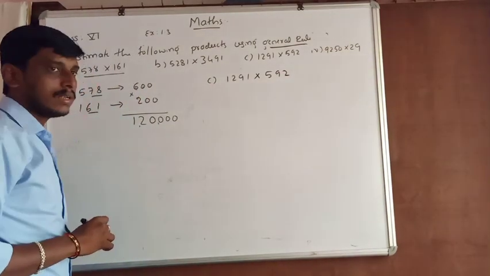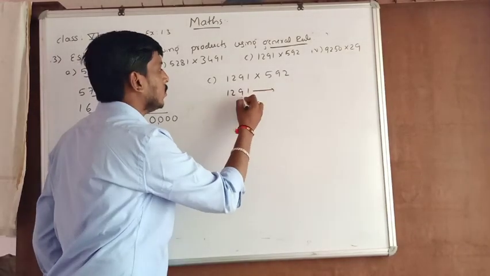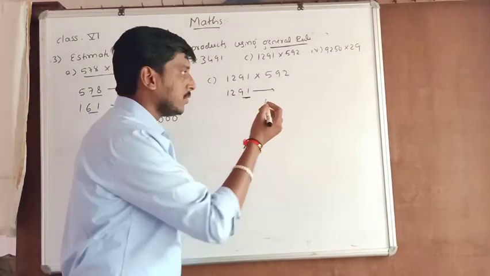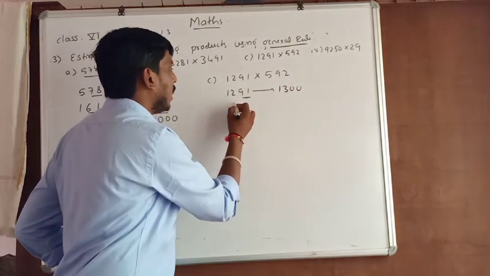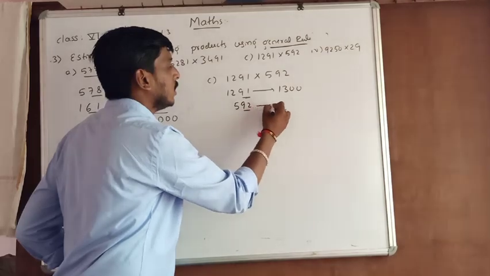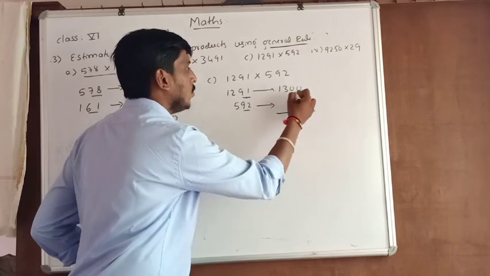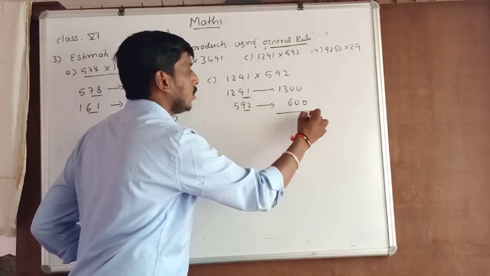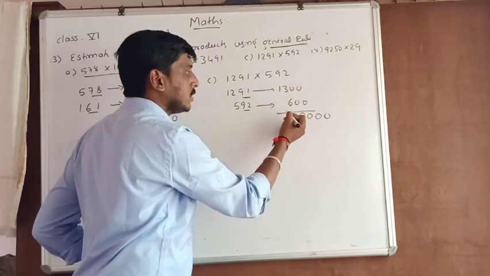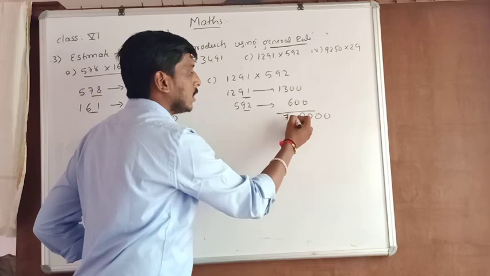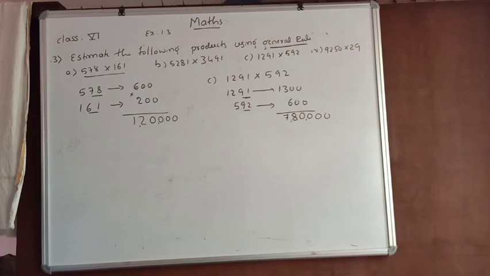Here also better to take tens. 1291: 91 is more than 50, so it is 1300. 592 is also more than 50, so it is 600. How many zeros? 1, 2, 3, 4. So 13 sixes are 78. Tables are compulsory, you should learn up to 20. So 7,80,000. Like that, solve the remaining yourself.